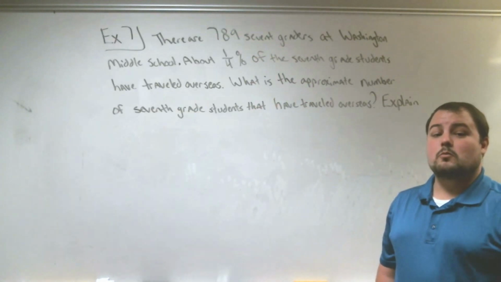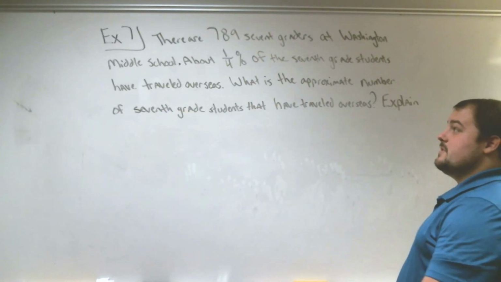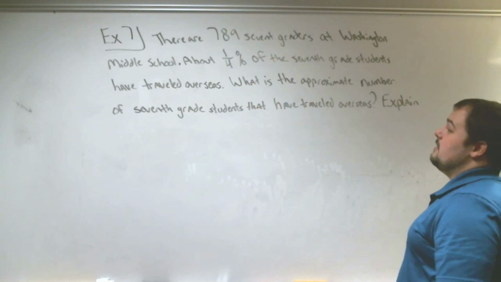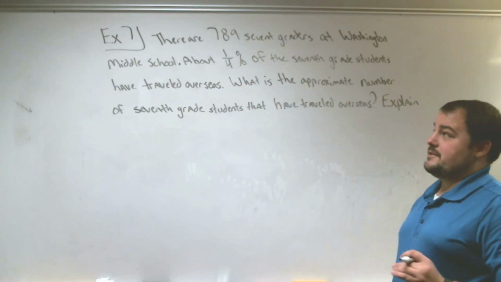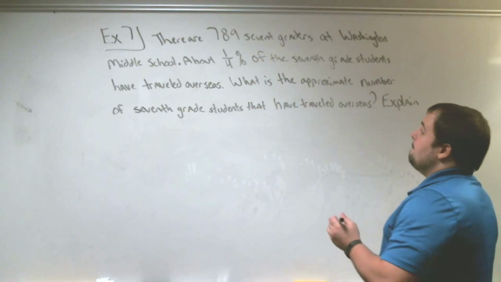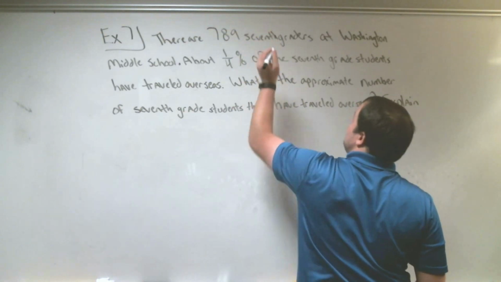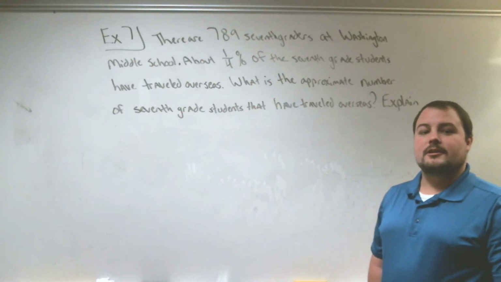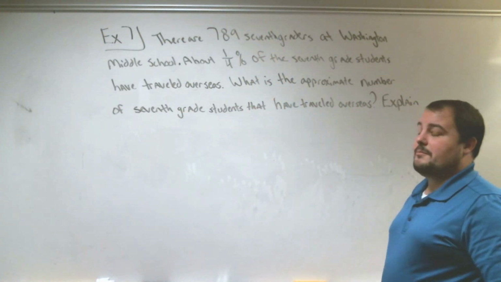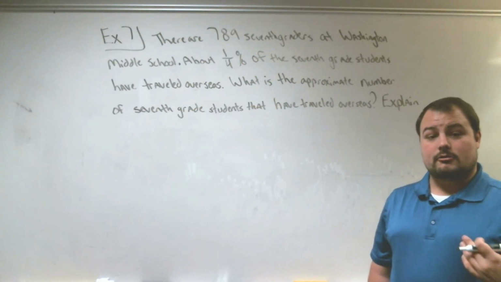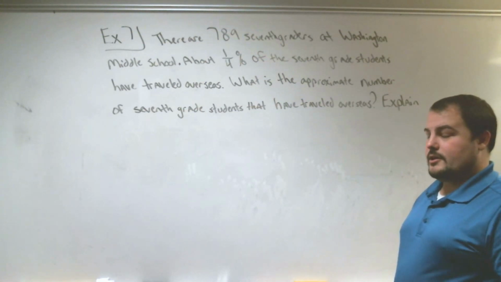In example 7, we're looking at a really long word problem. It says there are 789 students at Washington Middle School that are in 7th grade. We're going to be solving a problem that talks about students traveling across the ocean and going to different countries.